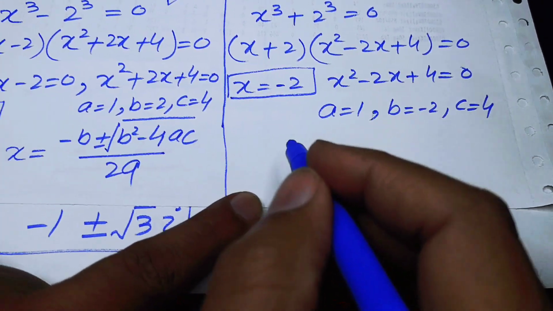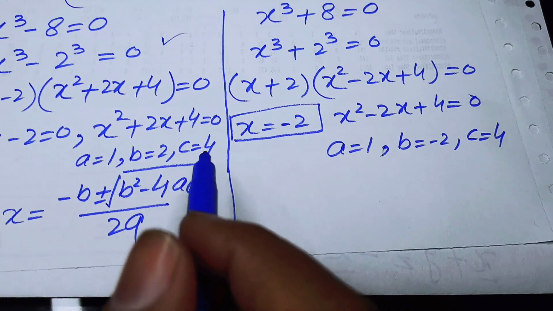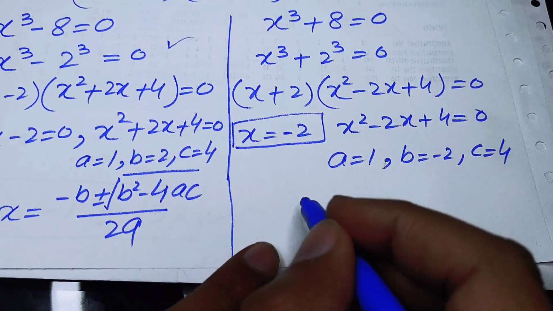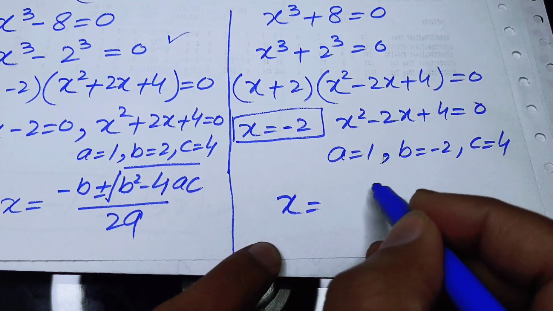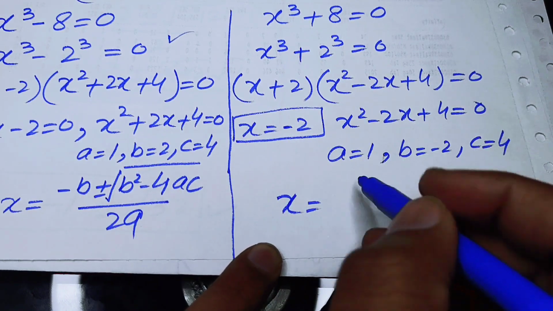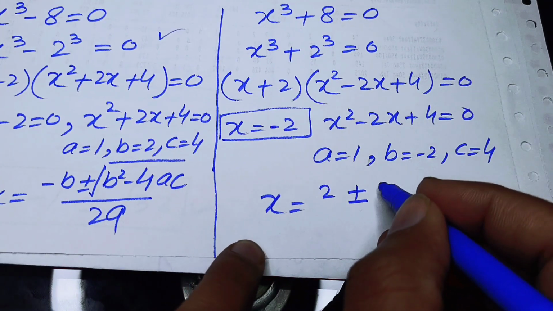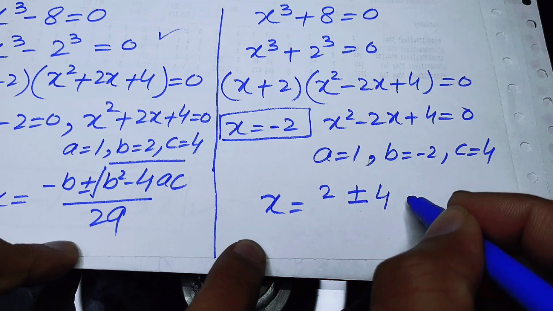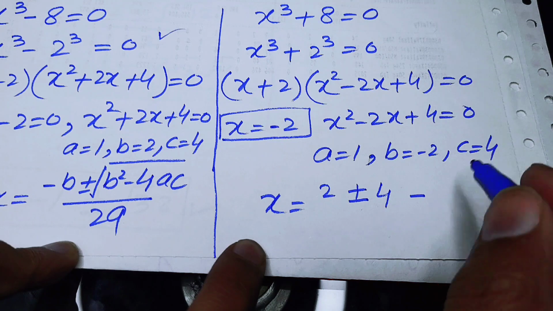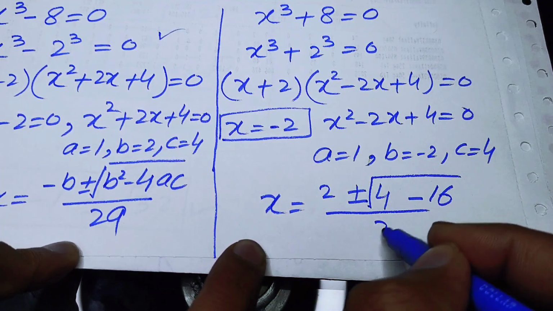You know that this is the quadratic formula, and you will substitute the values of a, b and c. You will obtain x is equal to minus b, and the value of minus b is minus 2, so it becomes plus 2, plus minus square root of b squared, and minus 2 squared is 4, minus 4ac. The value of a is 1 and the value of c is 4, so it becomes minus 16, square root, over 2.